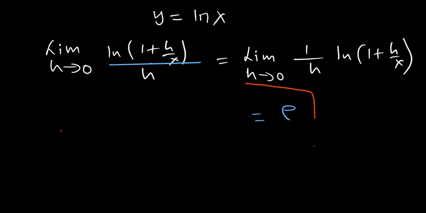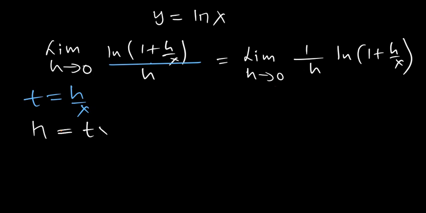So I want to come up with something that will come out that way. So of course in the brackets we want to have a t. So let our t be equal to h over x. Okay. And then also intentionally from the same expression, since we also have h somewhere there, if you make h the subject, it's going to be a product of t and x.